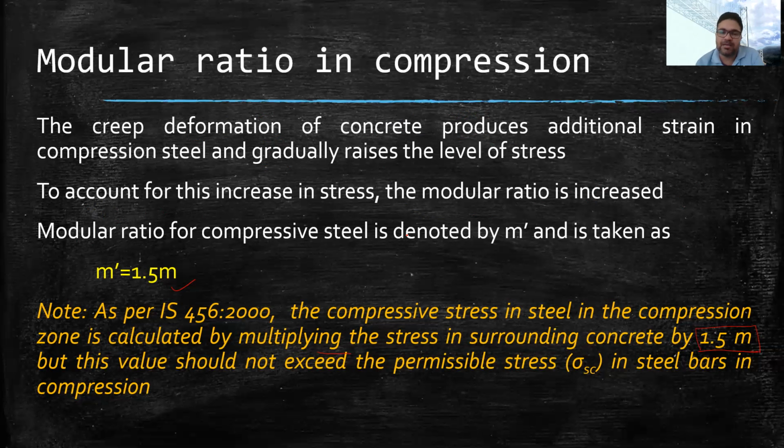But at the same time, that actual stress in steel should not exceed the permissible stress, which is sigma SC. Till now we used to discuss sigma ST, which is the permissible stress in tension. Now we are talking about sigma SC, which is the permissible stress in the steel in the compression zone.